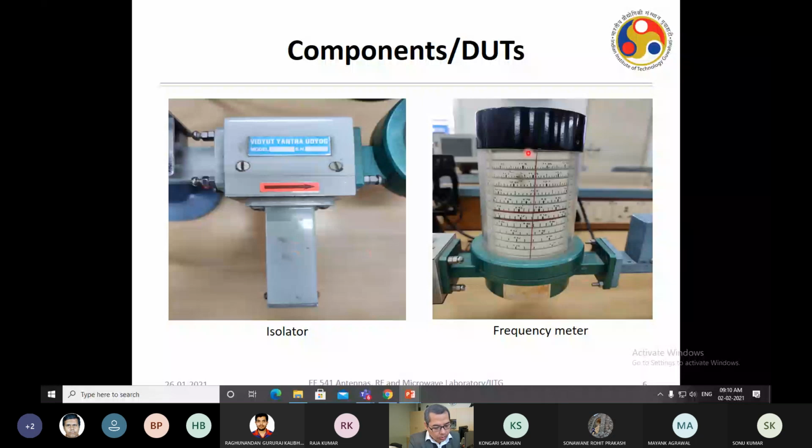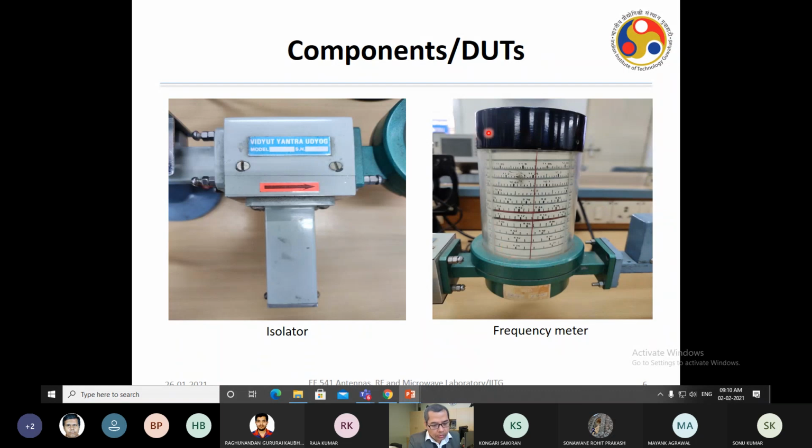Then after that, we also want to know what signal we are transmitting. We want to know the frequency of the signal we are transmitting from the source to the antenna. That can be done using this frequency meter here. The frequency meter will give you the frequency of the signal which we are transmitting in the waveguide. So this is basically a circular cavity. This looks like a circular waveguide.